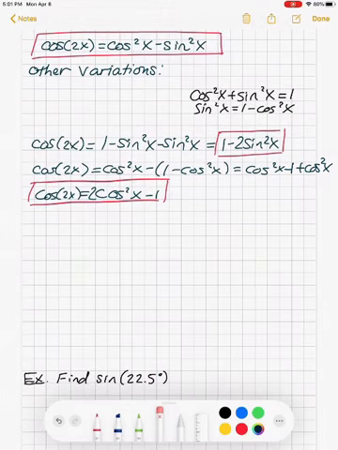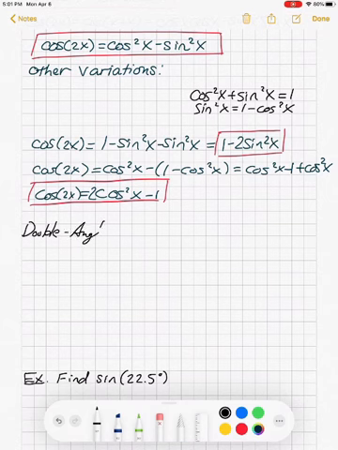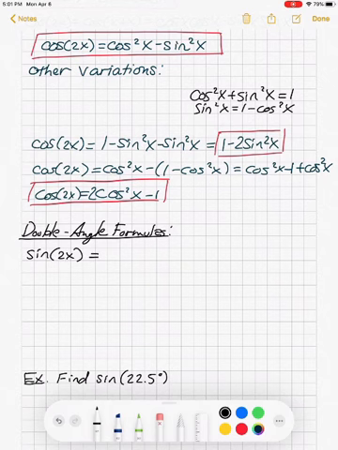So let me write out a summary then. So I guess here are my double angle formulas. For sine of 2x, I just had the one formula.